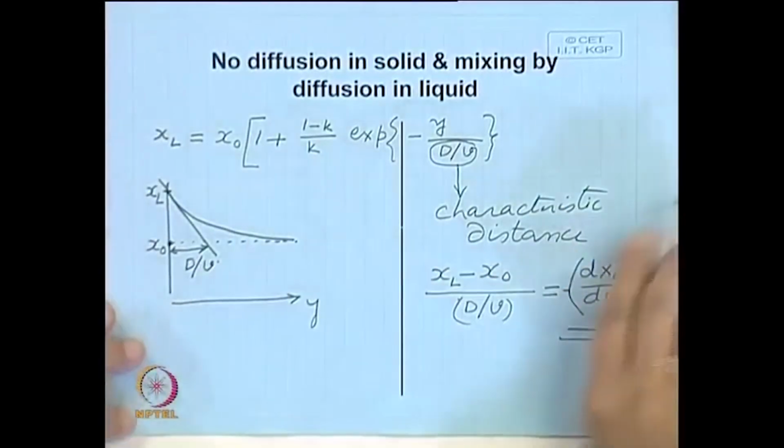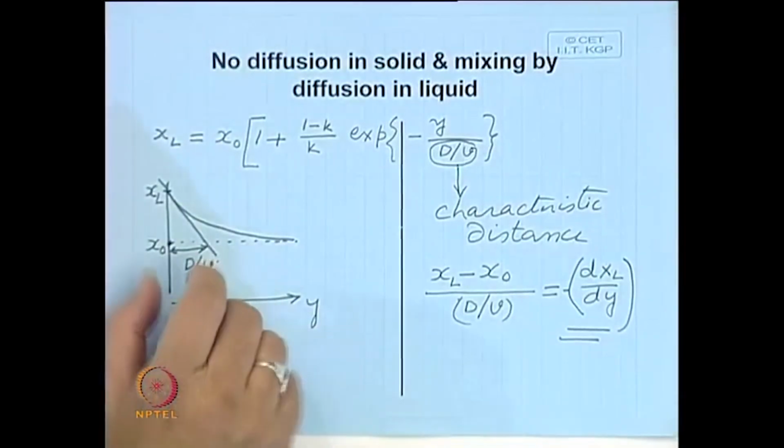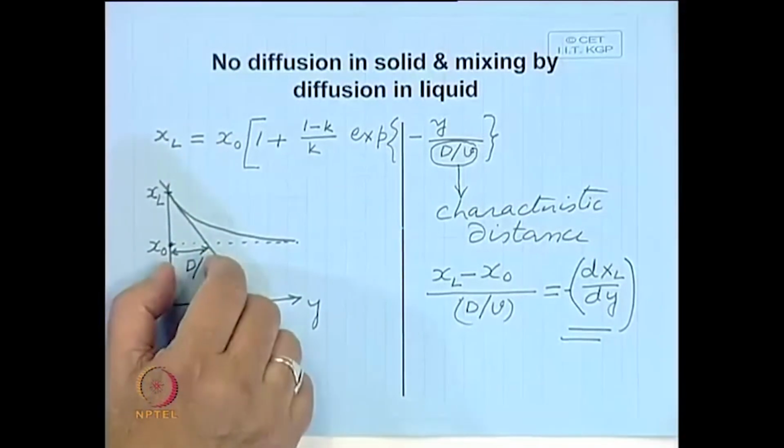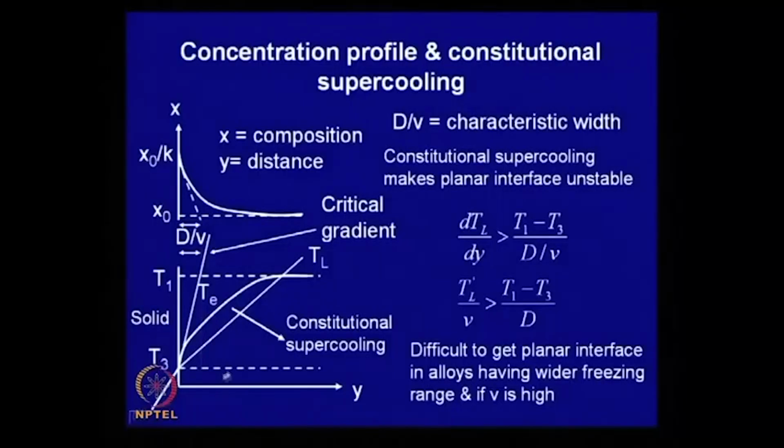And it is quite important to look at the effect of the magnitude of this characteristic distance of the concentration profile, and this is shown in this diagram. This concentration profile has been plotted here, and this is the tangent at that interface.